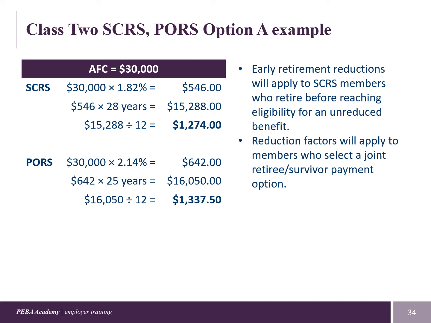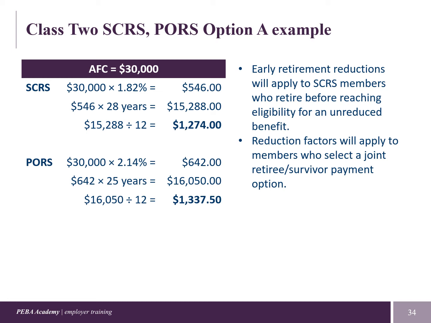For a PORS Class 2 member with 25 years of service credit and a $30,000 AFC, multiply $30,000 by 2.14%. Then multiply $642 by 25 years of service, which equals $16,050.